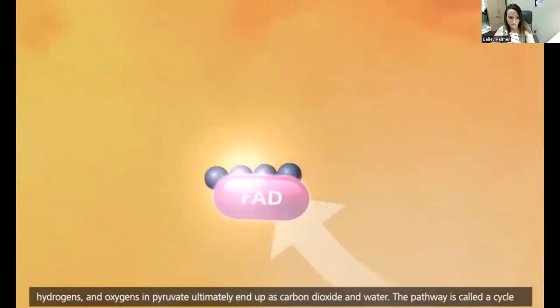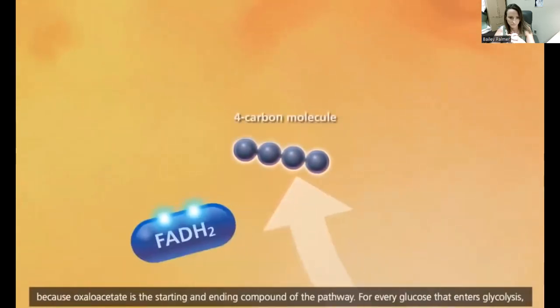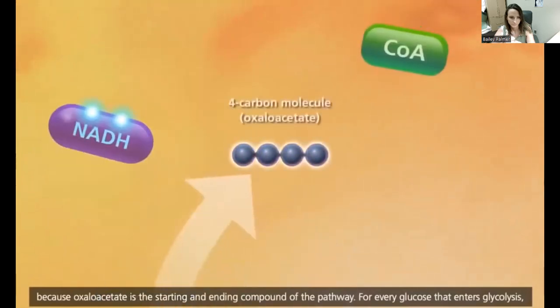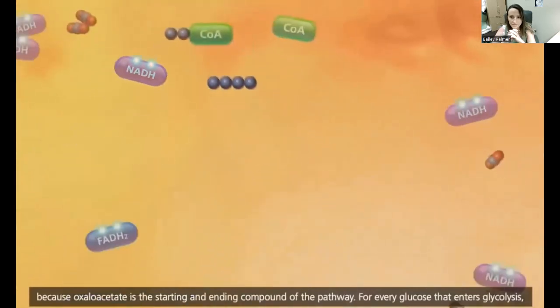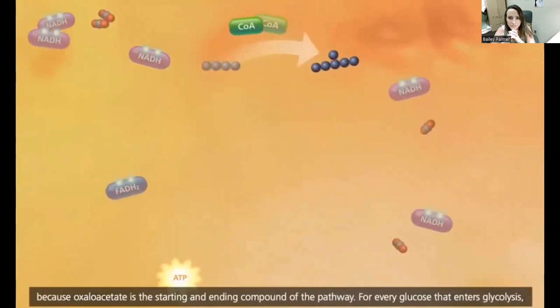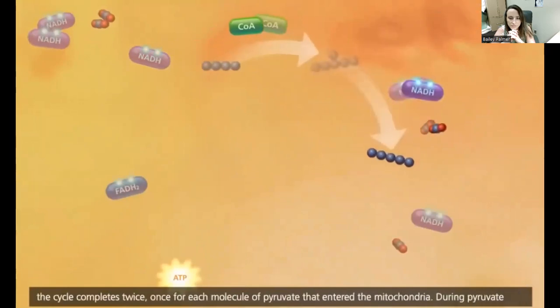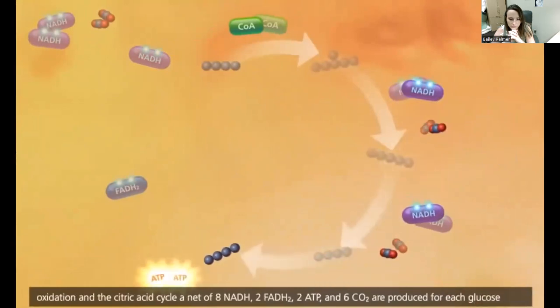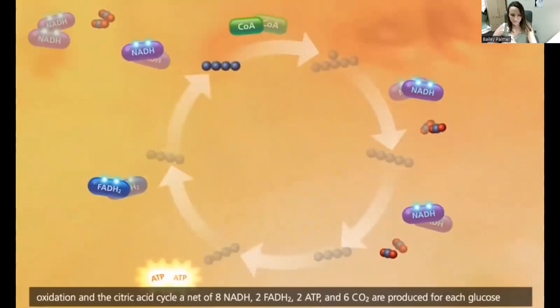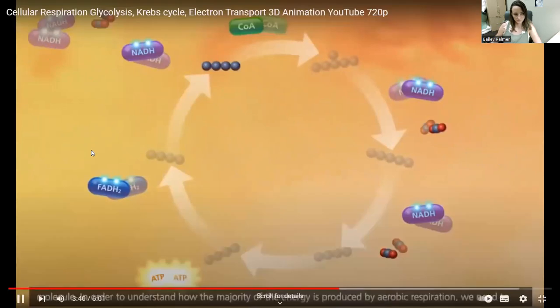The pathway is called a cycle because oxaloacetate is the starting and ending compound of the pathway. For every glucose that enters glycolysis, the cycle completes twice, once for each molecule of pyruvate that entered the mitochondria. During pyruvate oxidation and the citric acid cycle, a net of 8 NADH, 2 FADH2, 2 ATP, and 6 CO2 are produced for each glucose molecule.